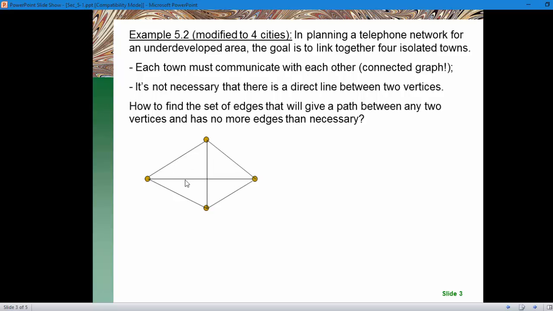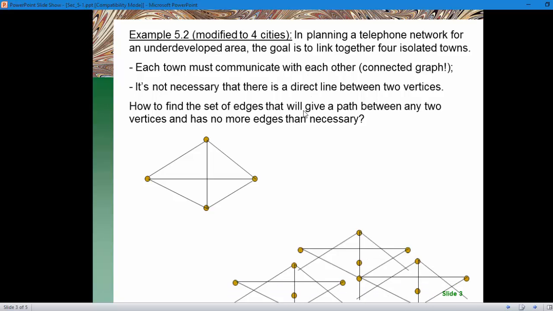So we have here a complete graph with 4 vertices. Starting from a complete graph, we can then delete the edges that are not necessary and still keep the connectivity. And also, there's no need to have a direct link or line between 2 vertices.